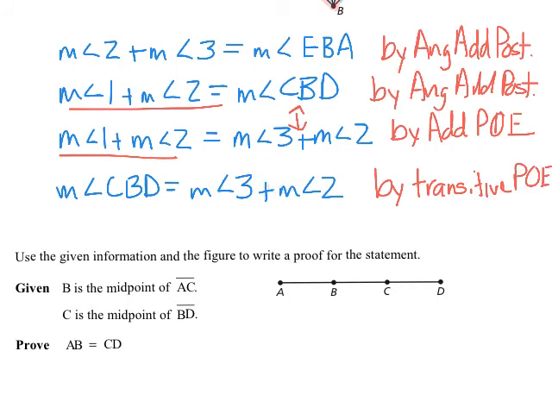So I say measure of angle CBD equals, and I'm just going to substitute in for 2 plus 3, I'm going to substitute in measure of angle EBA, by substitution.